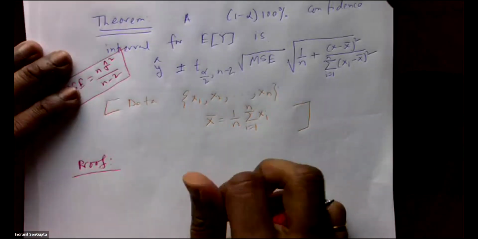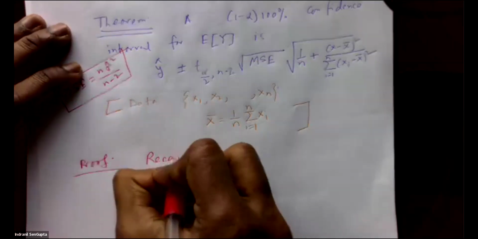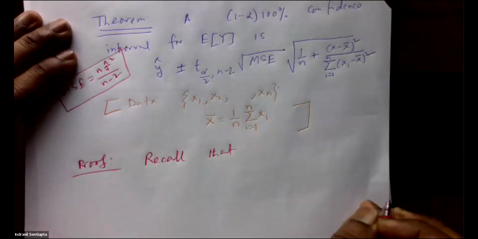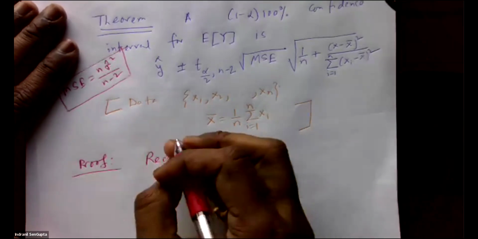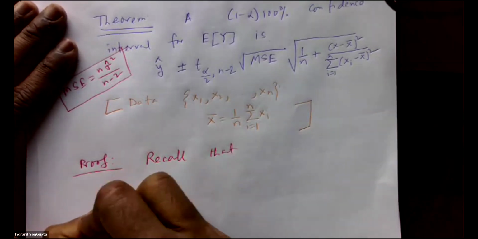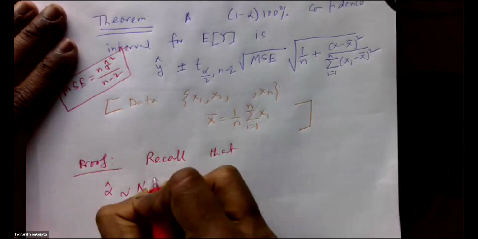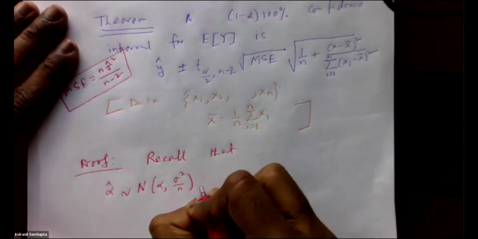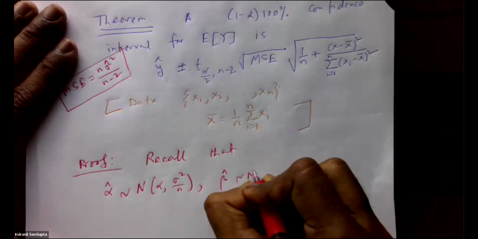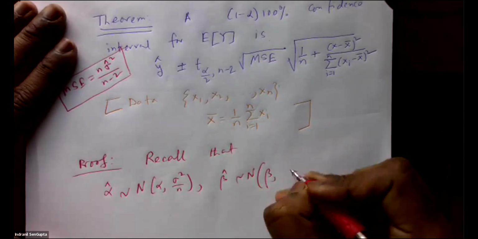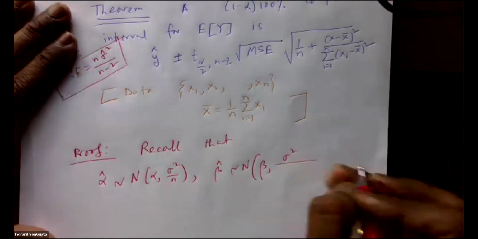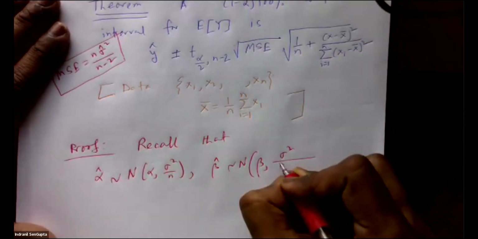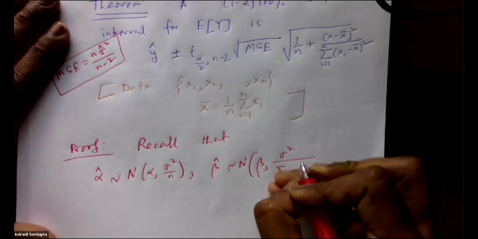All right. So first of all, recall what those alpha hat, beta hat, and other things are. Alpha hat follows a normal distribution with mean alpha and variance sigma squared over n. Beta hat follows a normal distribution with mean beta and variance sigma squared over summation i from 1 to n of xi minus x bar squared. Again, we have done everything last time, so I would refer you back to the last class note.